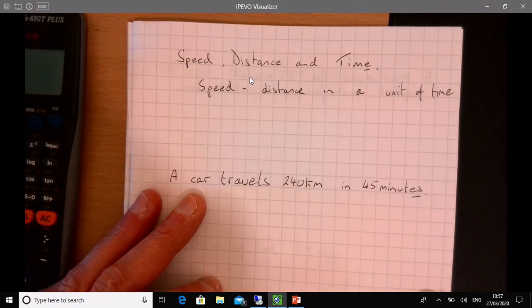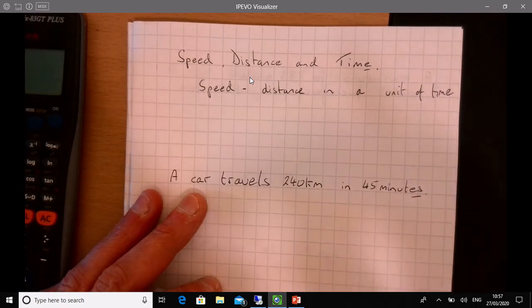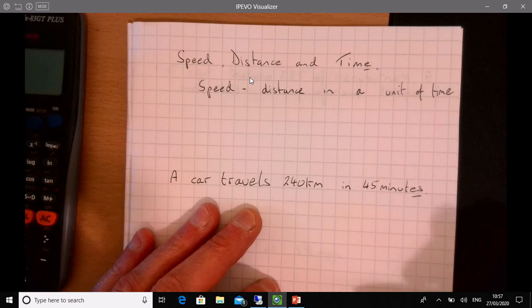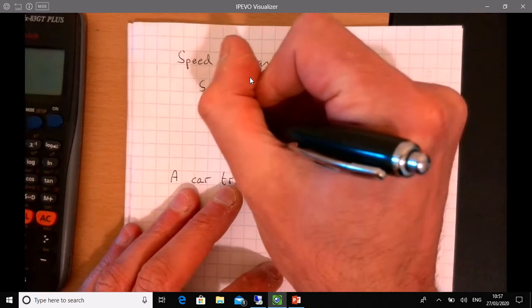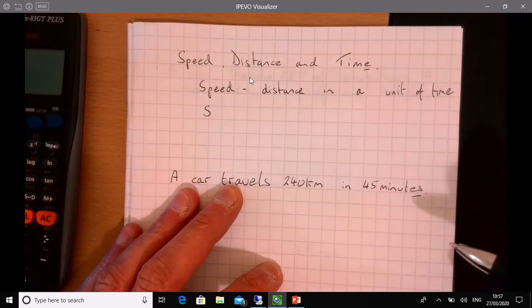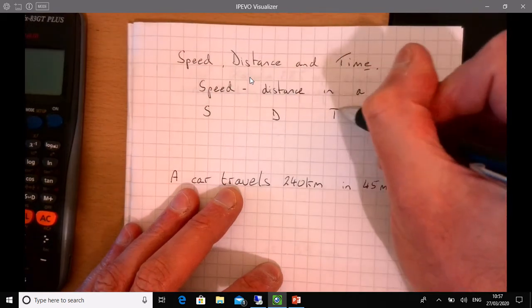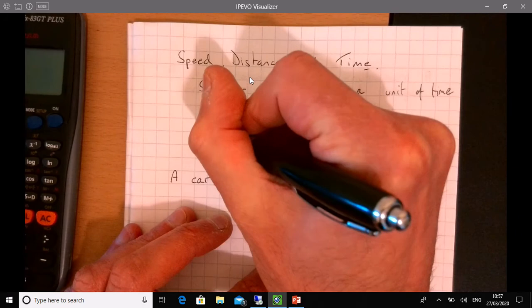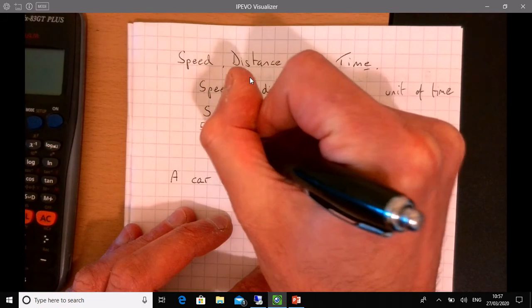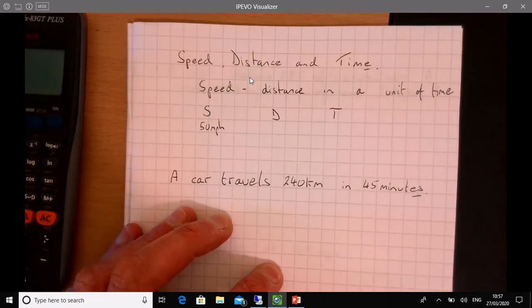So let's think about how that's going to help us. Let's imagine that we're traveling at 50 miles per hour. Okay, so we've got speed, we've got distance, and we've got time. So imagine that you're traveling at 50 miles an hour.